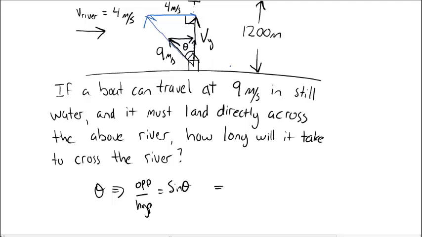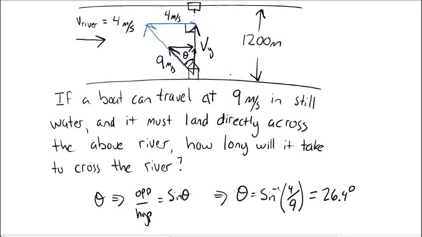So theta is going to be inverse sine of opposite 4 over 9. So the angle is 26.4 degrees. This boat has to aim at 26.4 degrees upstream into the river so that it can go straight across.